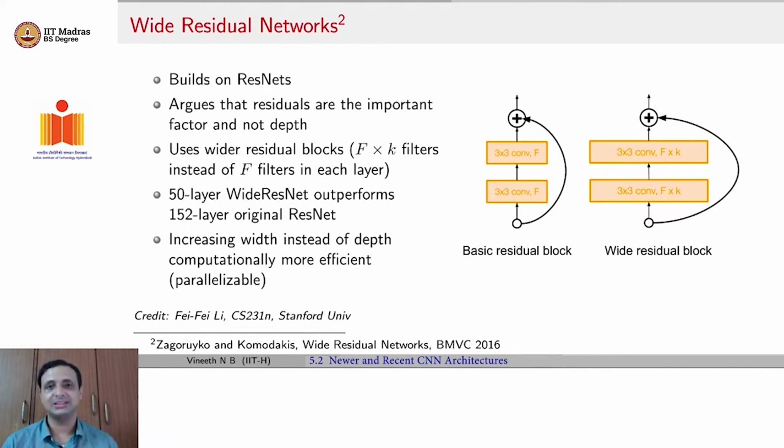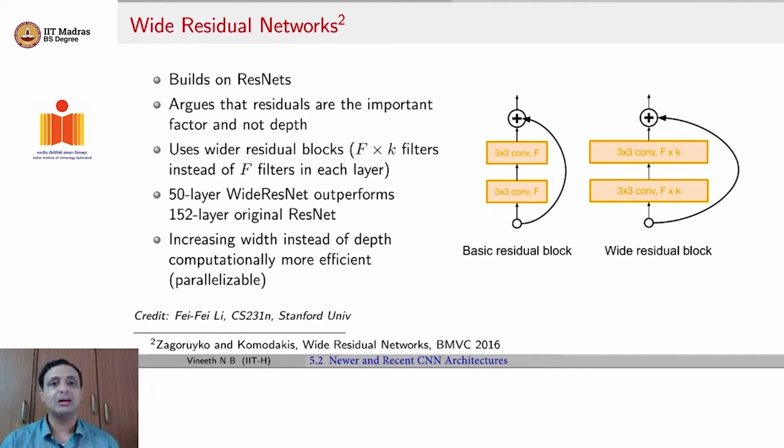In residual networks, remember, on one hand, the residual blocks were introduced to mitigate the vanishing gradient problem. On the other hand, the authors argued that that allowed us to create deeper and deeper networks which gave better performance. But in wide ResNets, the authors argued that you don't need depth. As long as you have strong residual blocks, that can give you good performance.